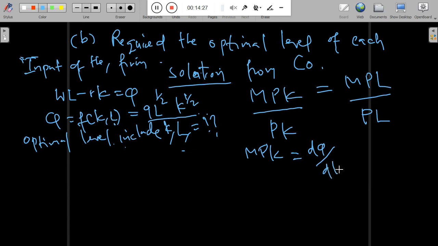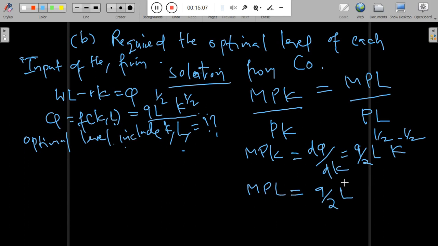We apply the first order derivative dQ over dK. So this will give 9 over 2 L raised to the power of a half K raised to the power of negative a half. The marginal product of labor is the derivative dQ over dL. So this would give 9 over 2 L raised to the power of negative a half times K raised to the power of a half.